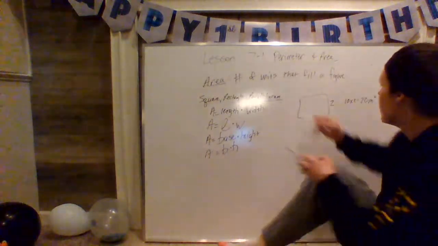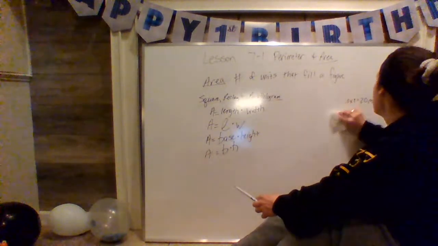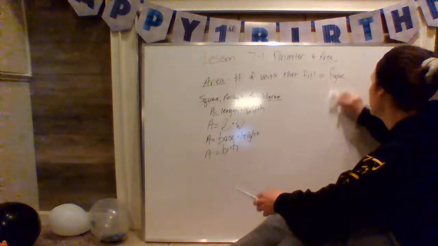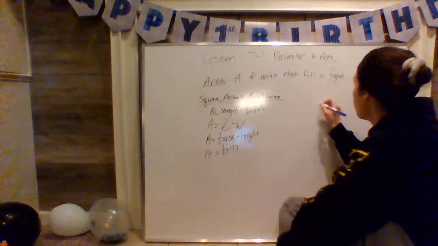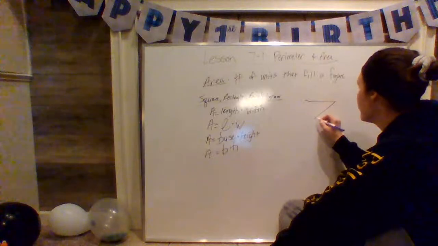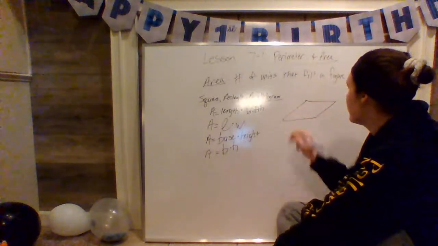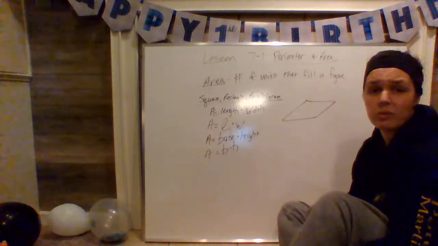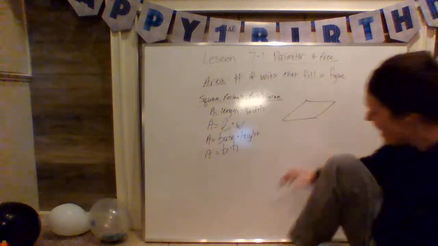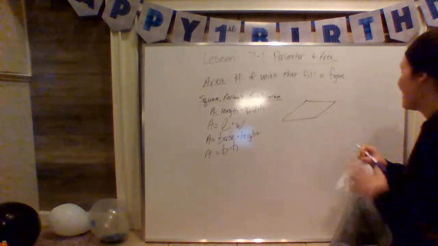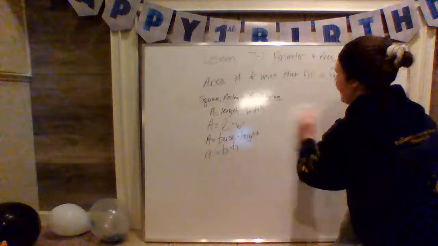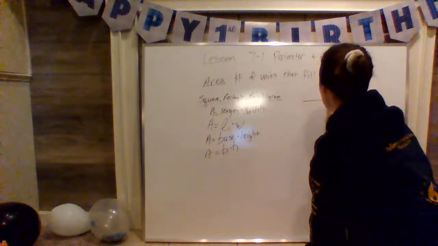Parallelogram, so a parallelogram is just a 4-sided figure. This is the one you're going to see more of base times height. The parallelogram, specifically this type, looks like a slanted rectangle. Let me draw that again, because that's awful.